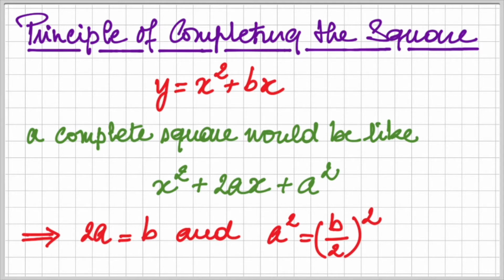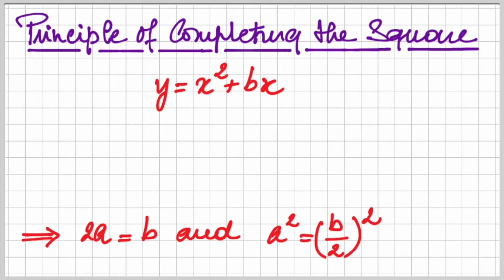So we can find that a is equal to b divided by 2. So basically we have to add a squared, and a squared is (b divided by 2) squared.